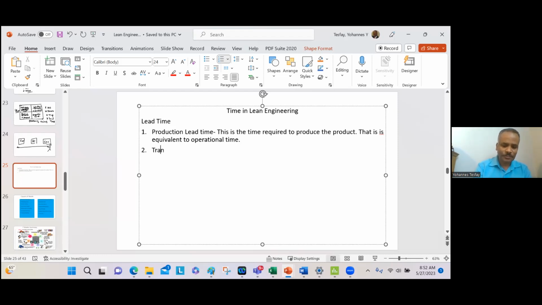The second one is transportation lead time. That is the time taken to transport the product to the customer.